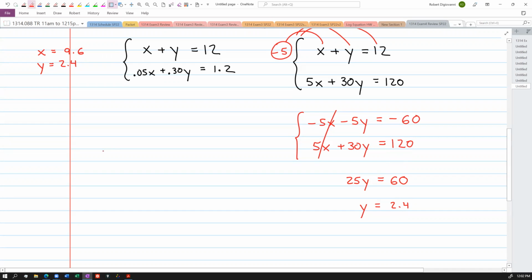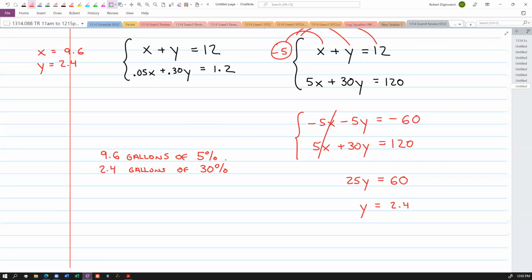So you would say something like 9.6 gallons of the 5%, and then 2.4 gallons of the 30%. All right, that's what it would take. 9.6 gallons of the 5%, 2.4 gallons of the 30%, stir it up, you're going to have 12 gallons of a 10% saline mixture.